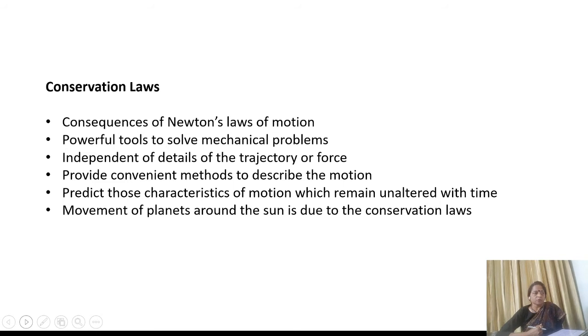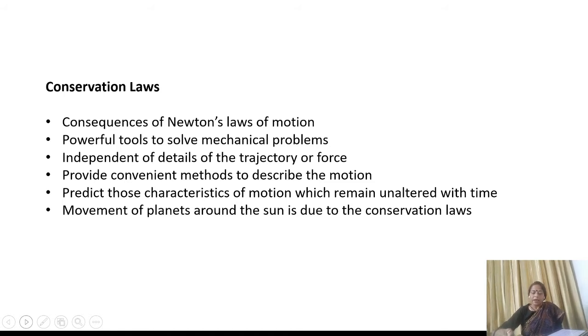It is true that conservation laws are responsible for the motion of so many celestial as well as terrestrial bodies, but these conservation laws predict nothing about the force.